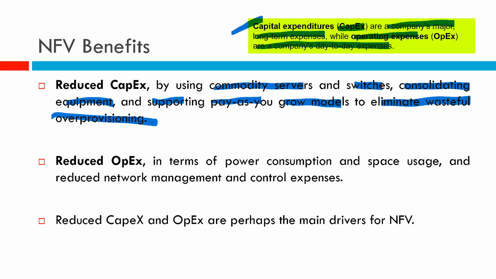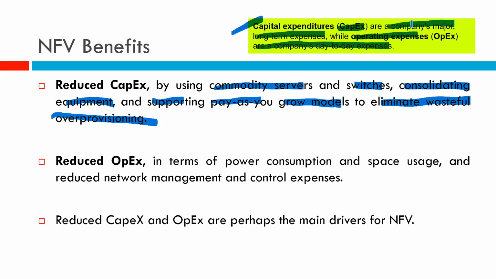You have to buy as you grow your company, or with scalability. Whenever you apply scalability, like you improve your company or you are going to open another branch office, then you have to invest an amount of money that can be considered as capital, like a company's major long-term expenses.